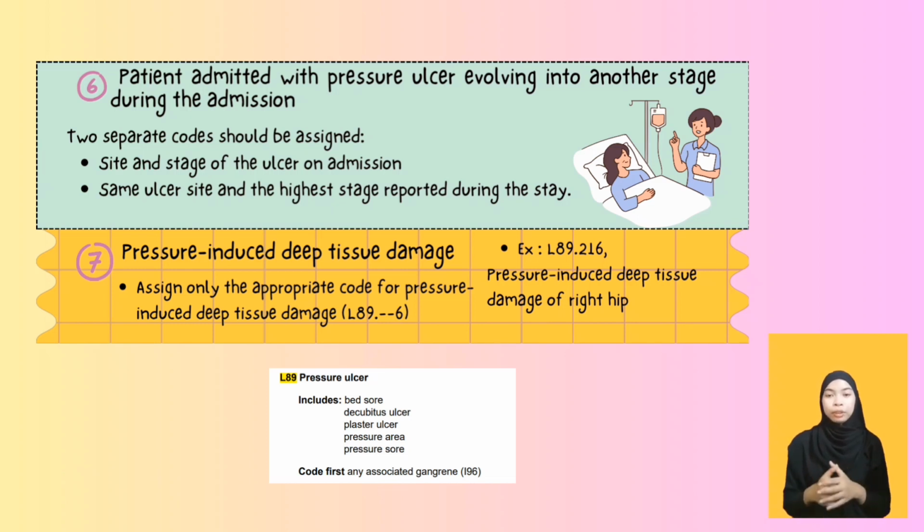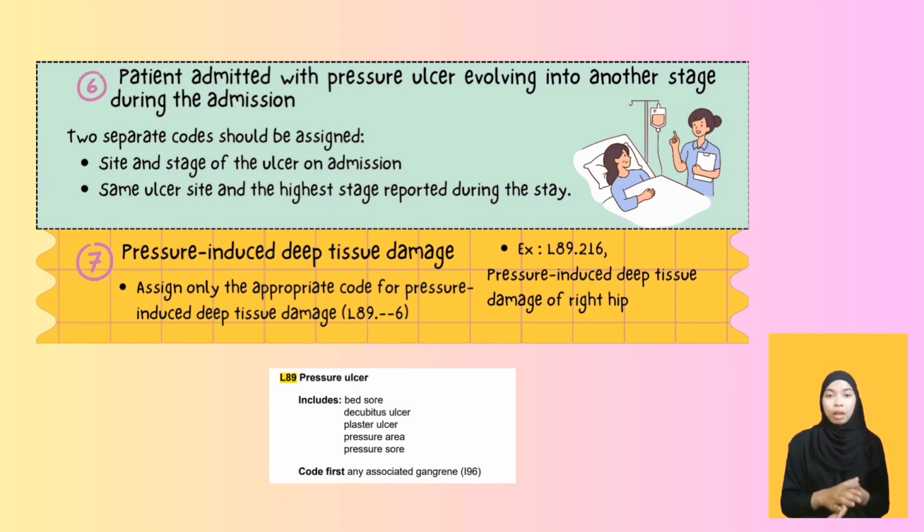The next part, if the pressure ulcer patient is admitted to hospital at a low stage, but during the stay in hospital the pressure ulcer stage progresses to a higher stage, therefore 2 separate codes should be assigned. One code for the site and stage of the ulcer on admission, and the second code for the same ulcer site at the higher stage reported during the stay.